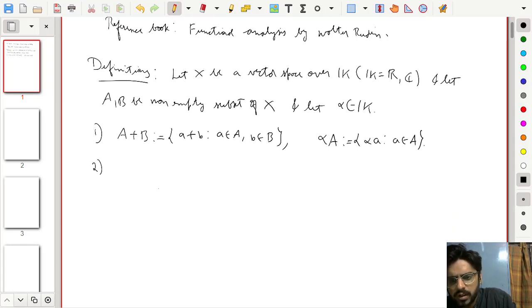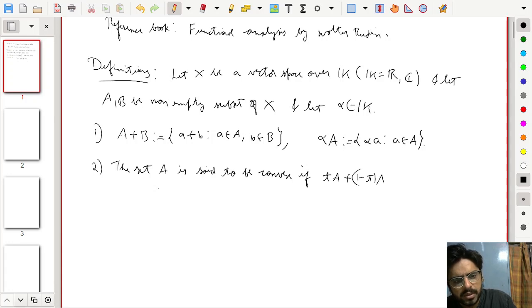Second one, the set A is said to be convex if t times A plus (1 minus t) times A is contained in A for all t belonging to the closed interval [0, 1].